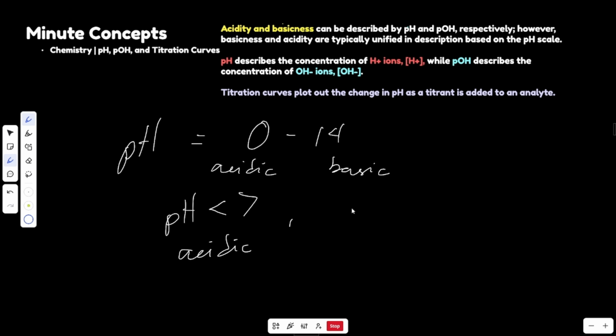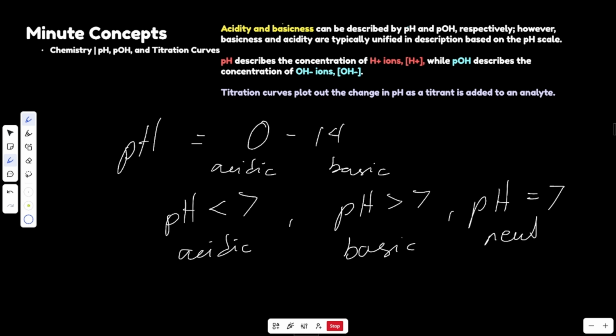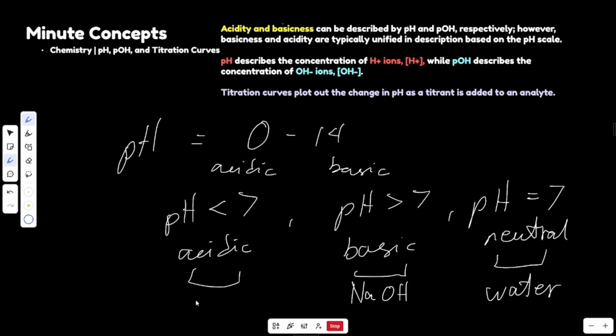And if the pH is greater than 7, we are basic. Now, if it's exactly equal to 7, we are neutral. An example of a neutral solution is water, an example of a basic solution is sodium hydroxide, and an example of an acidic solution is hydrochloric acid.